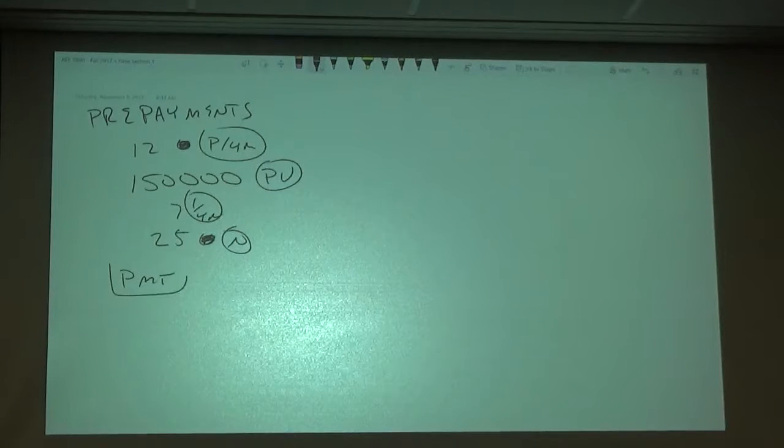So first of all, let's calculate our payment. Payment is $1,060.17. Now, at what point in time are we going to prepay this loan?